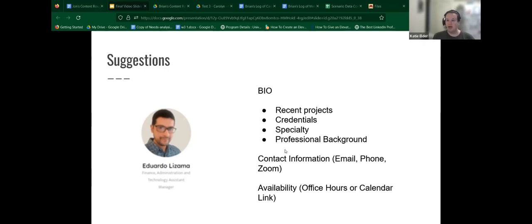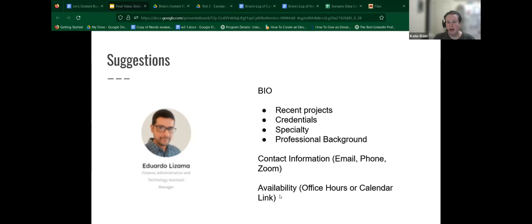Additionally, if they are an employee that can act as a point of contact for investors or community members, having contact information, specifically a phone and an email to contact them with, along with their availability here.